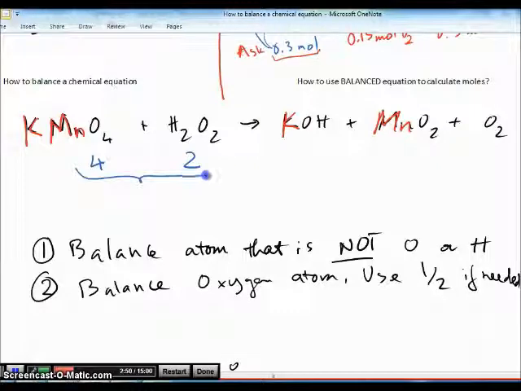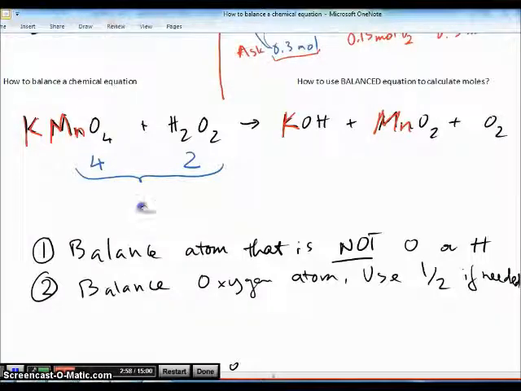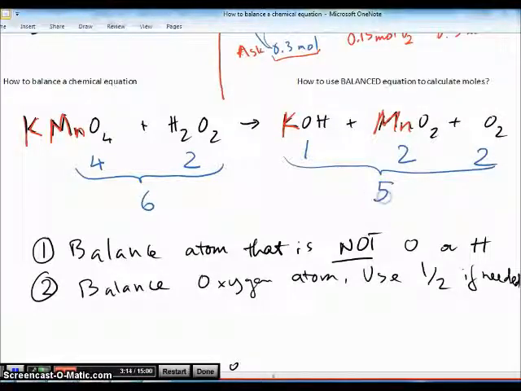So in total, before the reaction, you have 2 plus 4 is 6 oxygen. After, you have 1 plus 2 plus 2, that's in total 5 oxygen. Well, that's not balanced, is it?